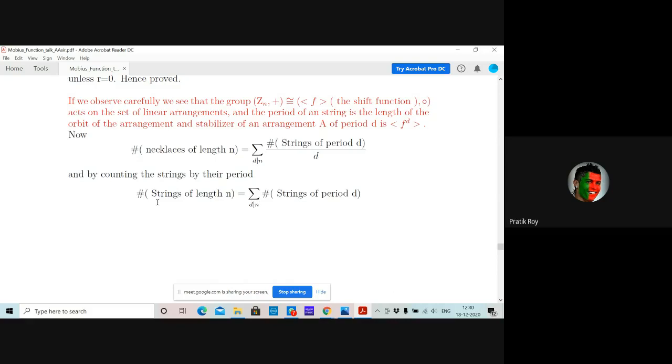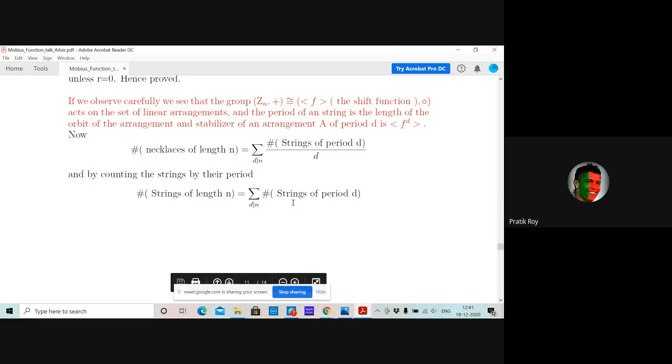Two strings belong to the same partition if they have the same period. So I have partitioned the entire set of strings of length n, and each partition has a particular period. All the strings of period D belong to one partition, and I'm just counting the cardinality of each partition. That must always give the cardinality of the entire set. That is pretty much what this line says.